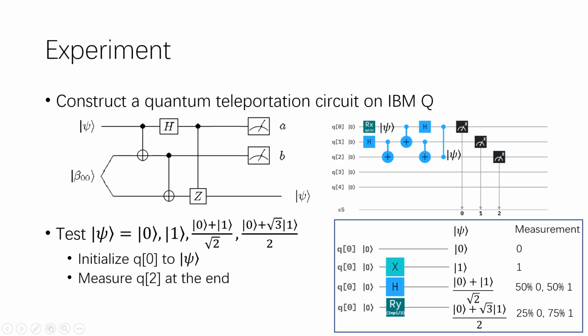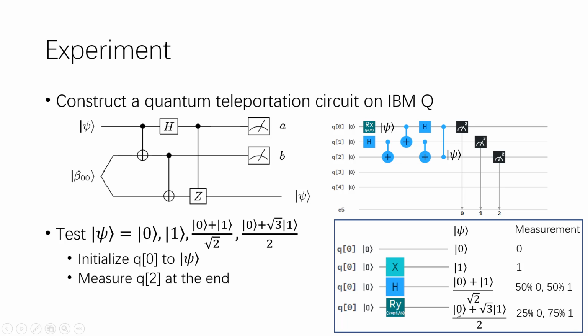And then, if you want to have a different combination of 0 and 1, you may want to consider these rotation gates. Ry is the rotation around the y-axis, and you can specify the angle that you want to rotate, after which you will get a continuous spectrum from the 0 to the 1 state. In this case, we use theta to be 120 degrees, and the resulting vector would be 0 plus square root 3 over 2 times 1, and the measurement is 25% 0 and 75% 1.